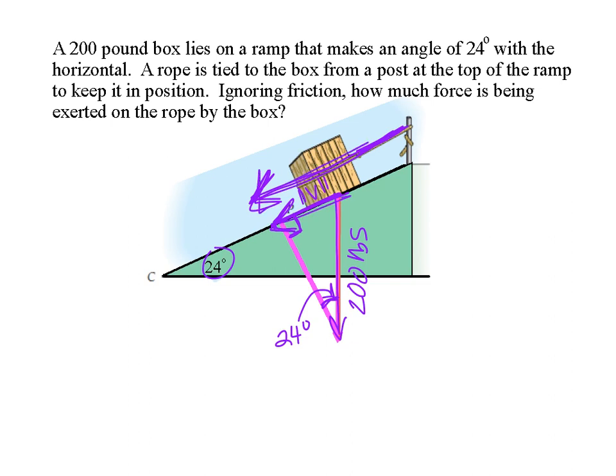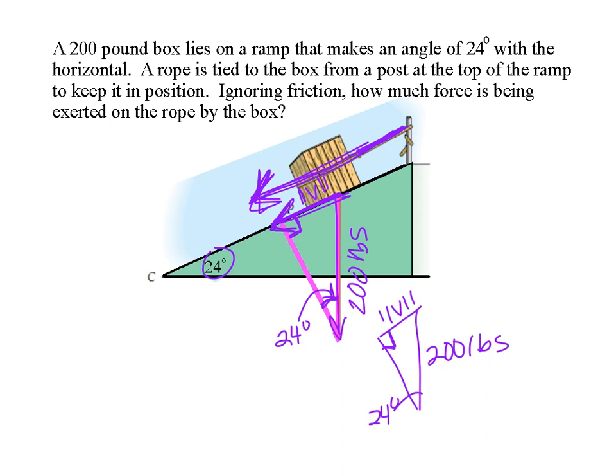Okay, so in order to do that, we have this right triangle. I'm going to sketch it out so you can maybe see it a little better. And we're trying to find this missing side right there, that magnitude of V. So this is just a right triangle, and we can use some trigonometry to help solve it. The angle we have is 24 degrees.